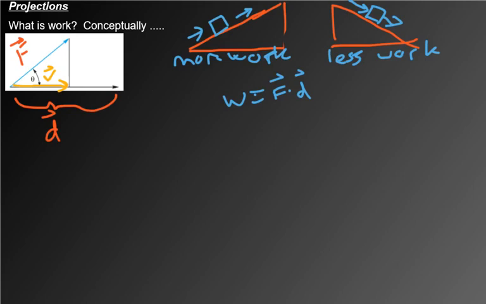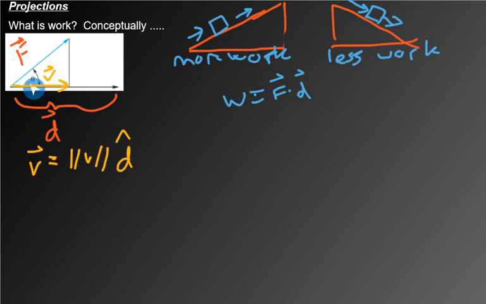We'll start with V. This vector V is equivalent to the magnitude of that vector times a unit vector for d.